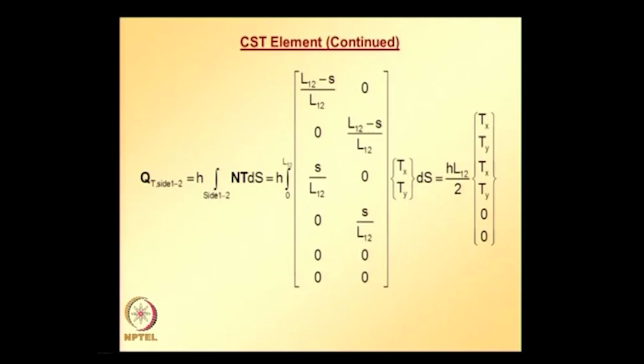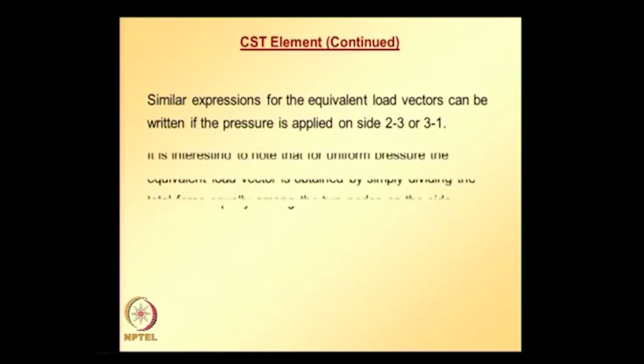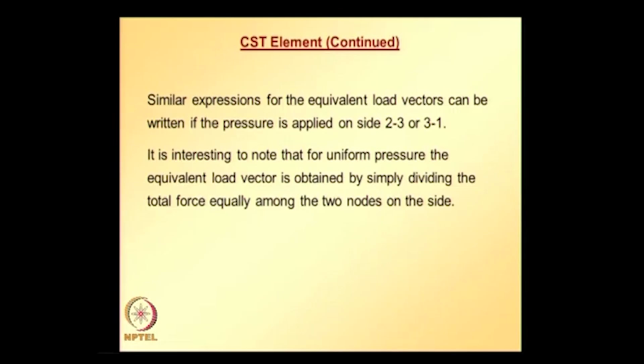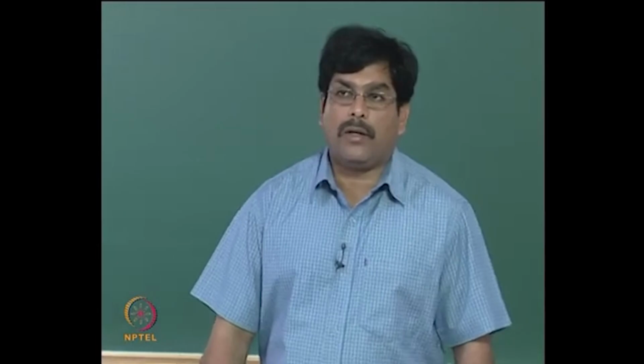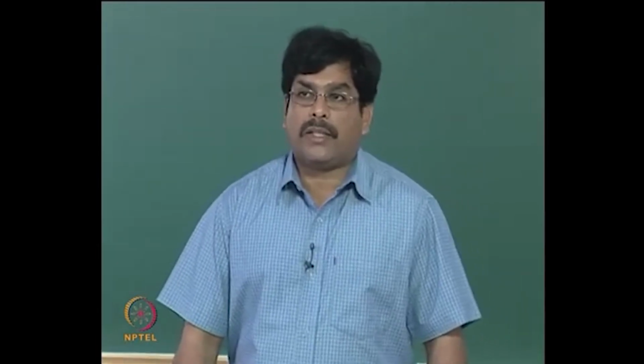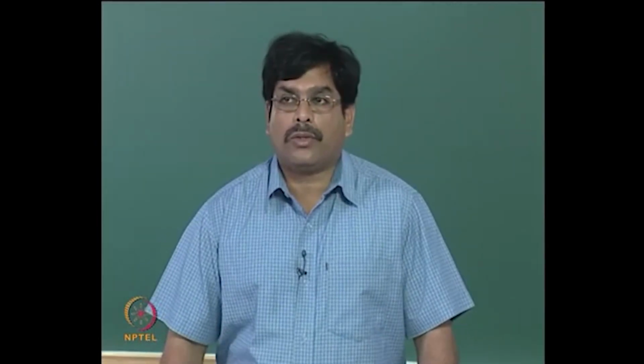Similar expressions for the equivalent nodal load vector can be written for the other sides, side 2 3 and 3 1. It is interesting to note that for uniform pressure, the equivalent nodal load vector is obtained by simply dividing the total force equally among the two nodes on that side.